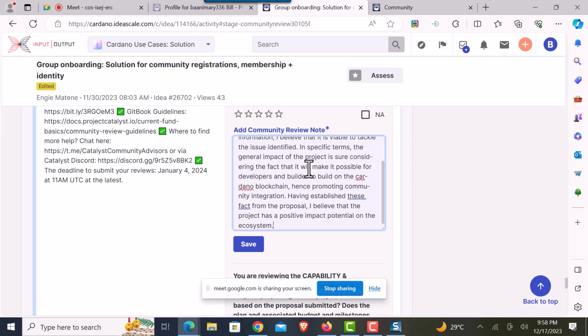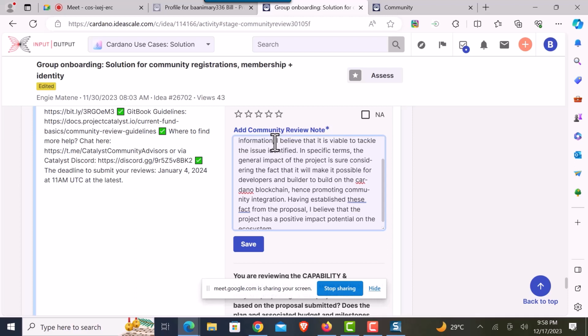So now you have to rate it. Your assessment language and this place will depend on the content you have provided. If all that you have said is positive about the proposal, then feel free to give 5 stars. If you identify some lapses in the proposal in your assessment, then you have to weigh.